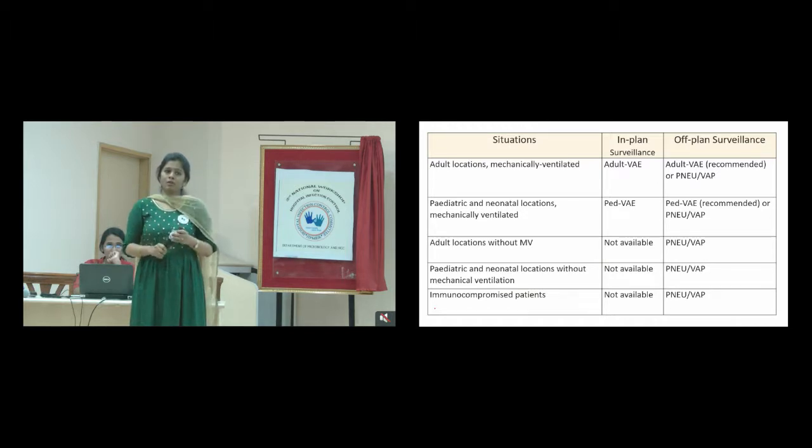Now we have adult VAE from 2013 onwards, ped VAE from 2019 onwards. For ventilated patients you do adult VAE and ped VAE. For non-ventilated patients, you do not have any VAE criteria. You have to follow the old criteria, that is PNEU bar VAP criteria. Clear?